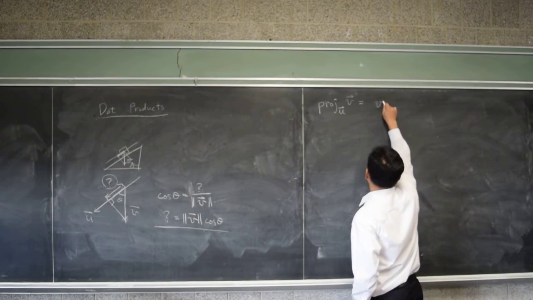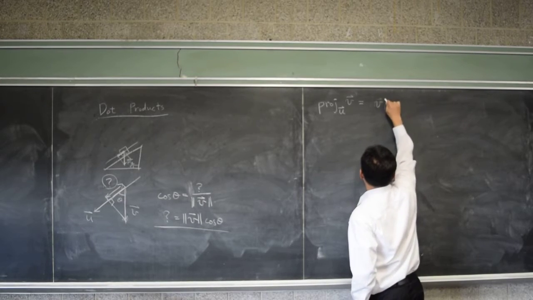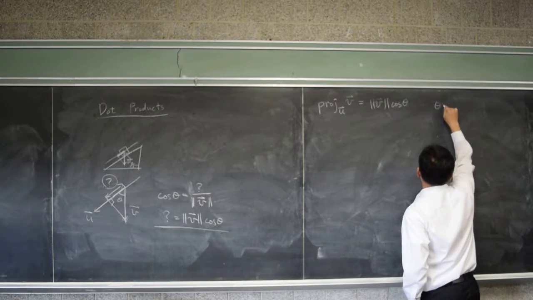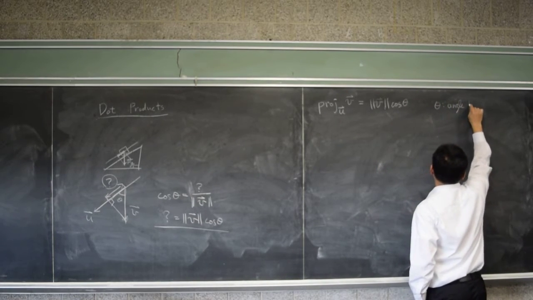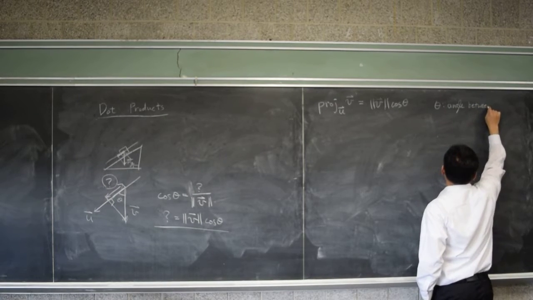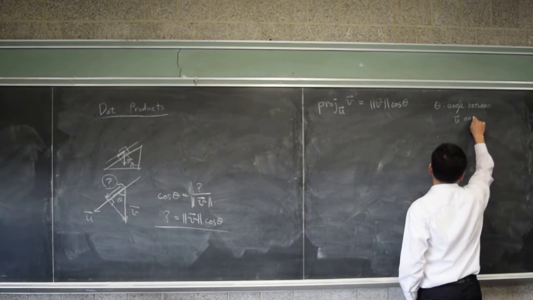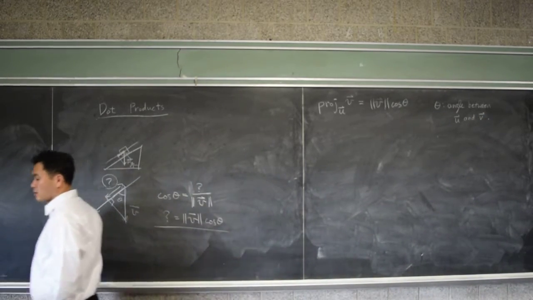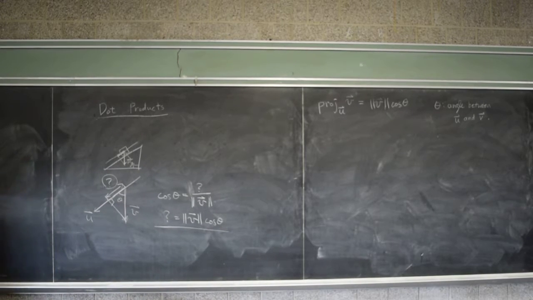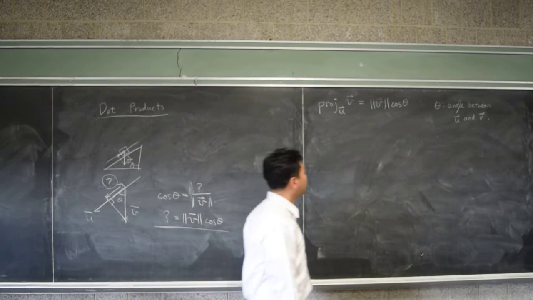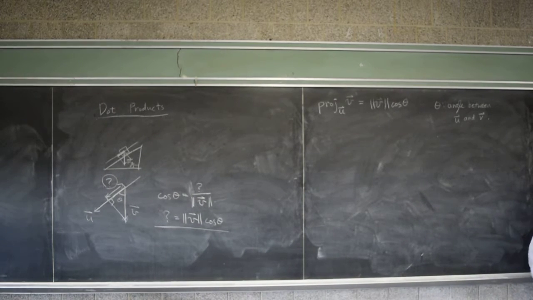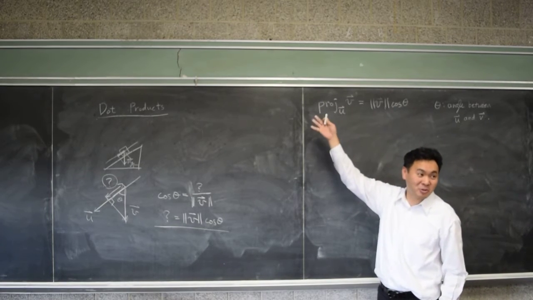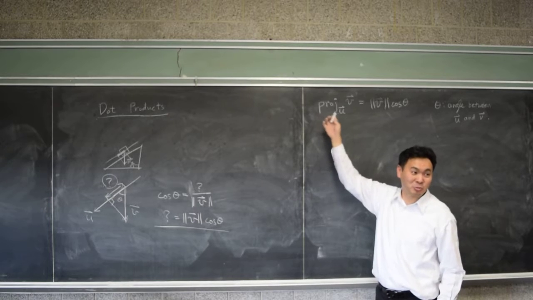You take the norm of V and multiply by the cosine theta, where theta is the angle between U and V. That's called projection. So you are in fact using this many times in physics without really knowing that it has a name. It's called projection.